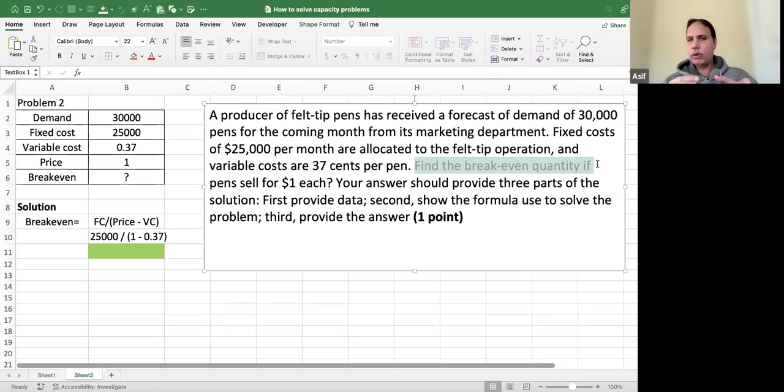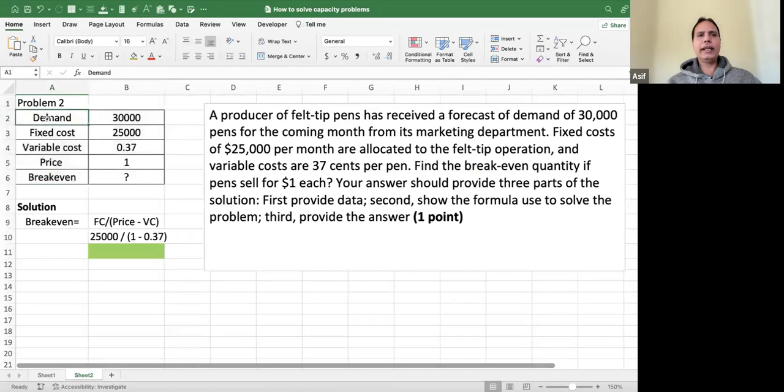And because they are equal, revenues minus total cost is equal to zero. So break even quantity is the point at which our profit is zero, or in other words, revenues and total cost are equal. And again, we will start with the same approach.